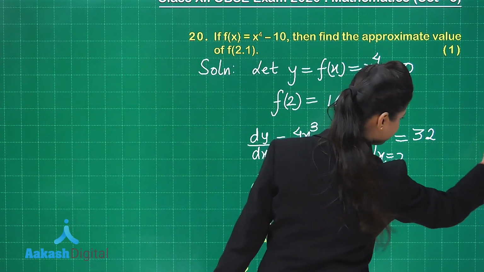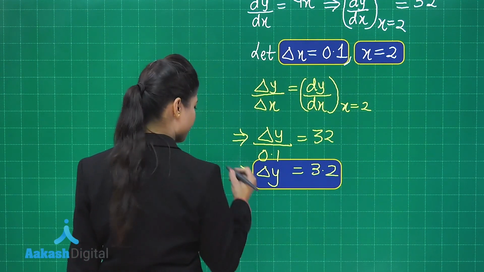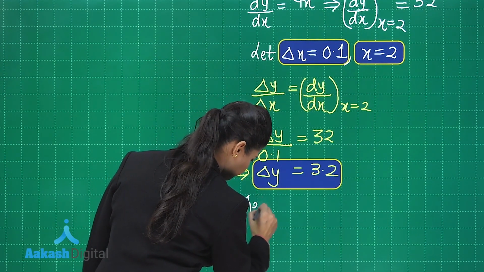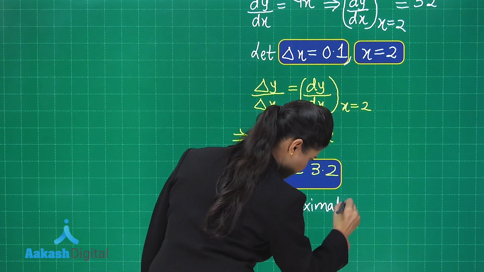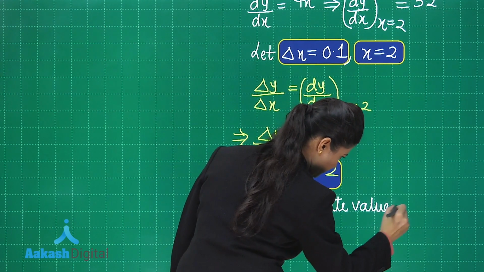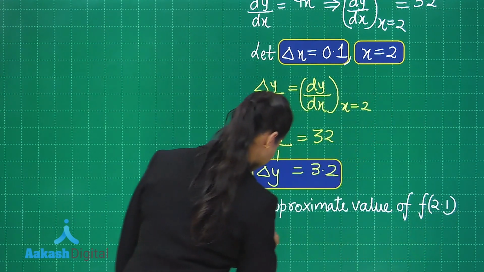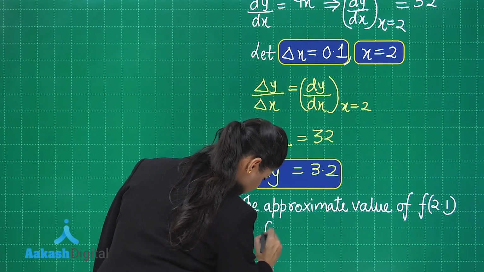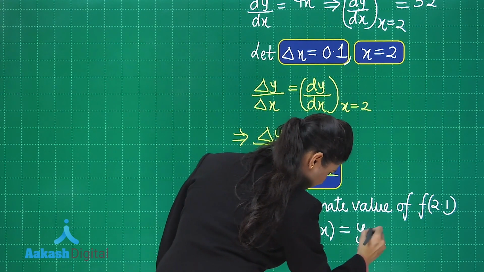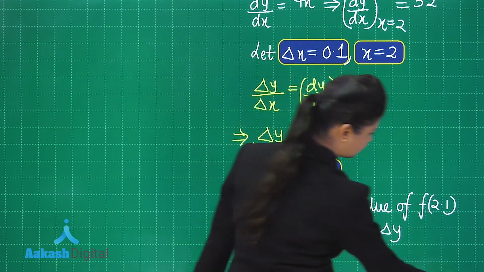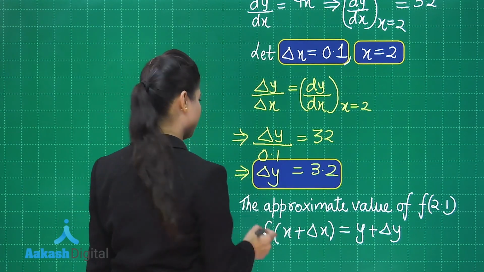So we can further write here the approximate value of f of 2.1 can be obtained by considering f of x plus delta x is equal to y plus delta y, where y represents f of 2.